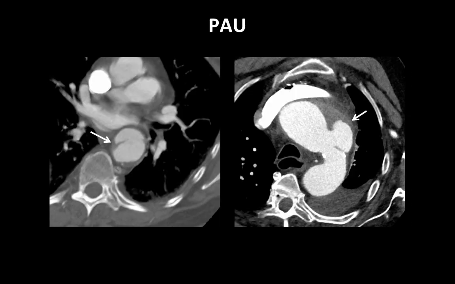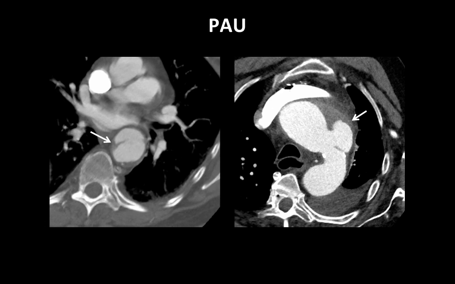The next acute aortic syndrome that I want to discuss very briefly is penetrating atherosclerotic ulcers. These penetrating atherosclerotic ulcers always occur in and around an atherosclerotic plaque that becomes inflamed, resulting in disruption of the intimal layer of the wall of the aorta.